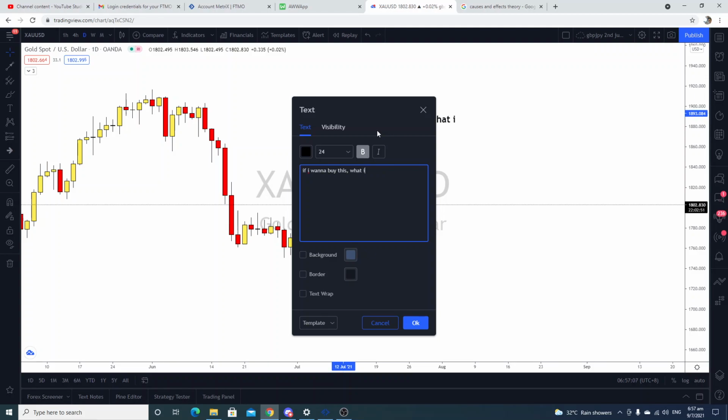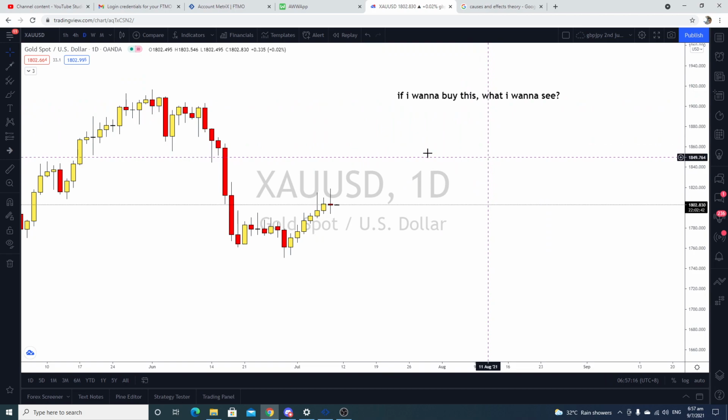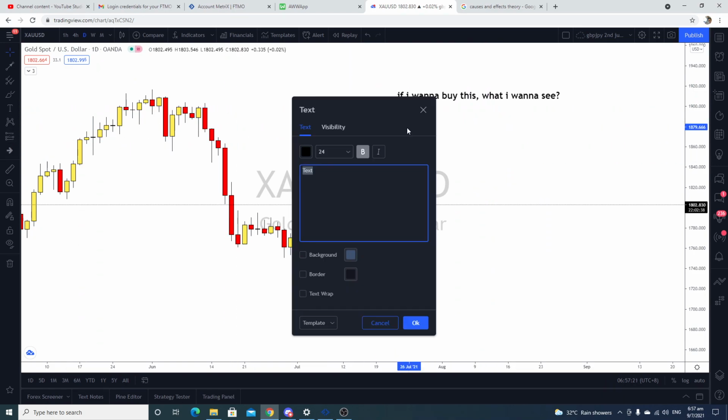what do I want to see? One, buyers must be strong. That means the momentum is strong. Big body candles.